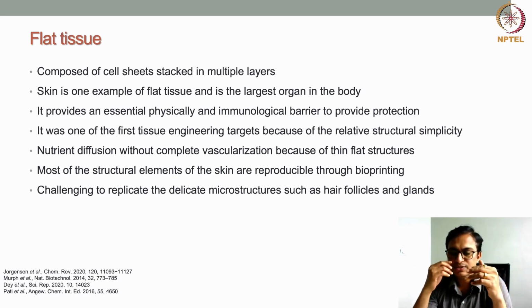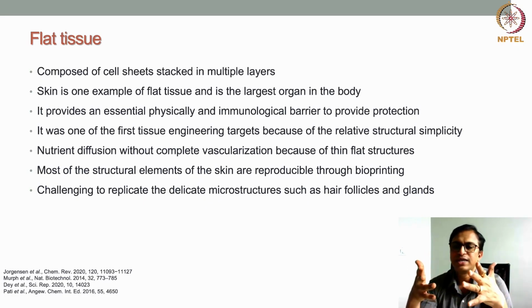That is why bioprinted skin, even without any vascularization, can sustain itself, be useful, and perform its function.